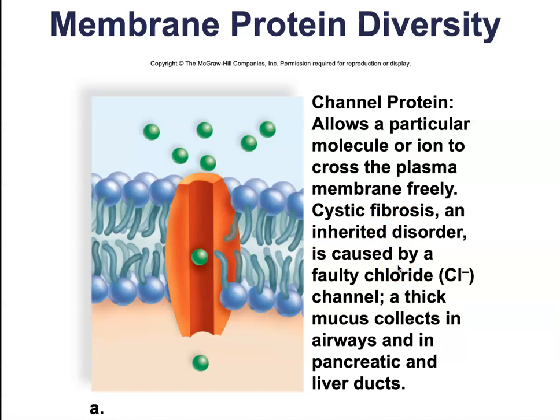It's actually caused by a faulty chloride channel. Because the chloride ions aren't able to cross through that channel like they should, it also affects the transport of water, and that's how you end up getting thick mucus that collects in the respiratory pathways and also in the pancreas and in the liver ducts. So it's a pretty serious disease.